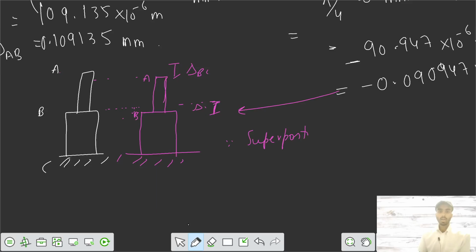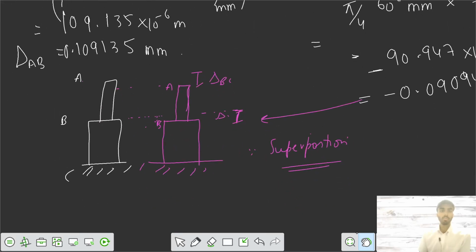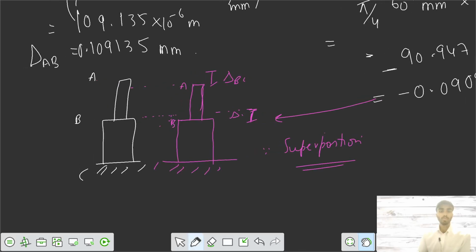Now combining the effect of deformation of AB itself, delta AB has been elongated by plus 0.109135. It has also been elongated by this part. So I would say, this effect was because of the change in the position of B, but AB is also getting elongated by plus 0.109135.